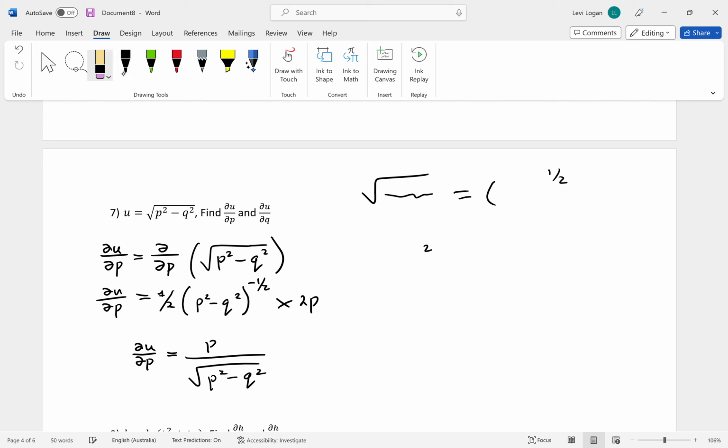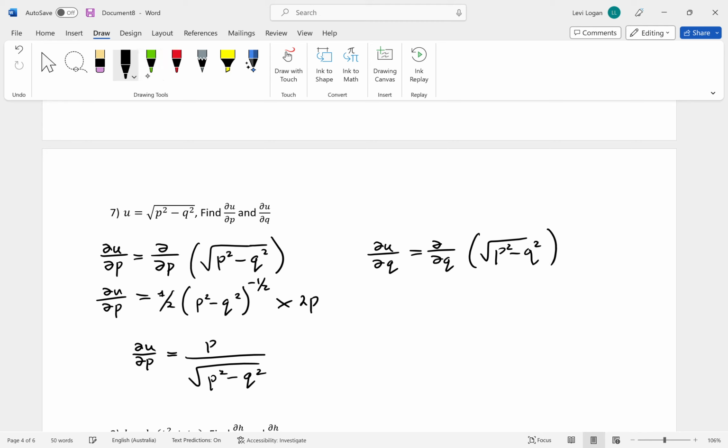Now we're going to use exactly the same method as we did just then. We're going to use chain rule for finding the partial derivative of u with respect to q now. It's the exact same thing, except we treat p as a constant this time. So delta u over delta q, differentiate this entire thing with respect to q.